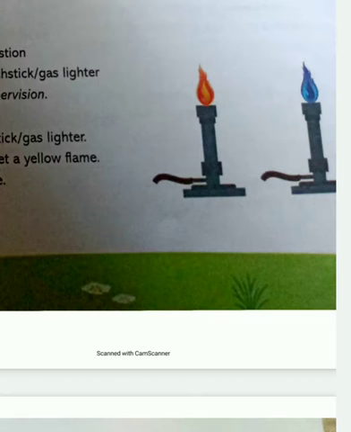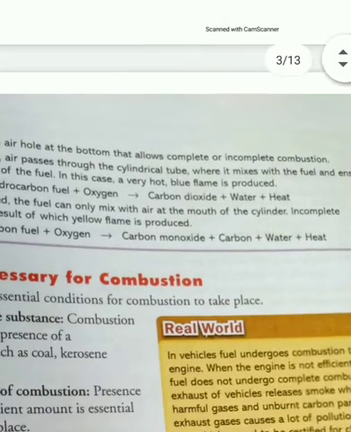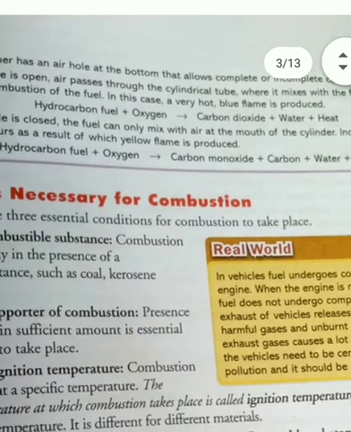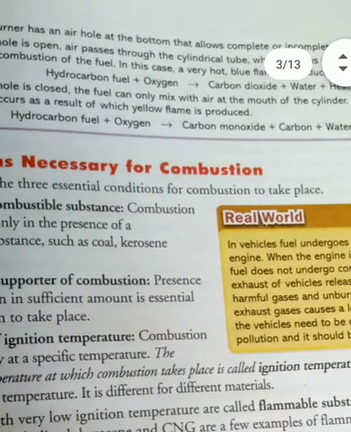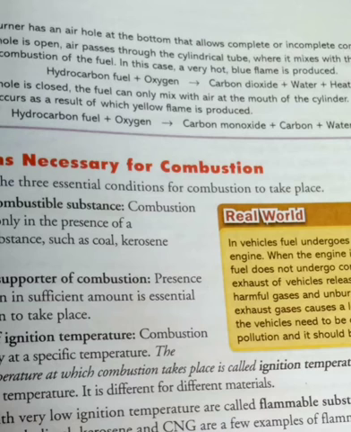So by this activity, what you have observed is that whenever any fuel is burned, you know that this LPG fuel is a hydrocarbon, isn't it? What is LPG? LPG means liquefied petroleum gas, and it contains hydrocarbons, meaning it is made up of hydrogen and carbon.